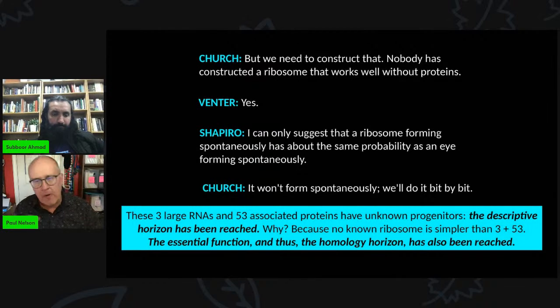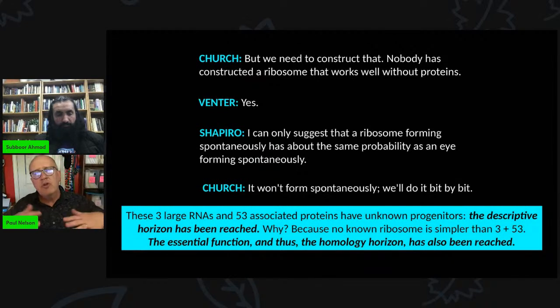Now, what's the take home? A descriptive threshold has been reached. You've got a molecular machine that does a particular job for you in all cells that we know. It has certain features that you cannot do without. It may be possible to go below that threshold, but so far no one has succeeded in describing how to get below that threshold.